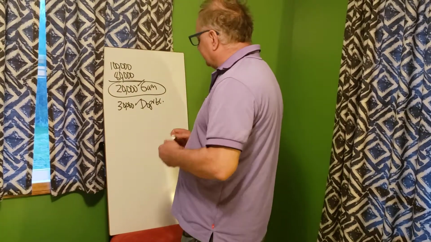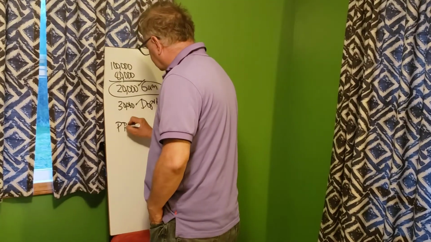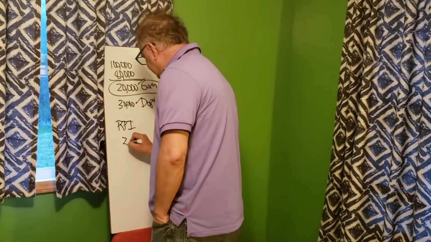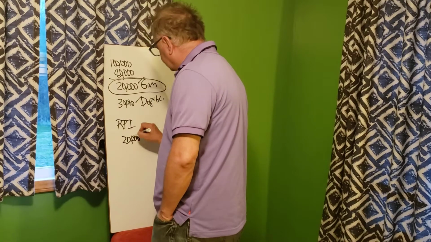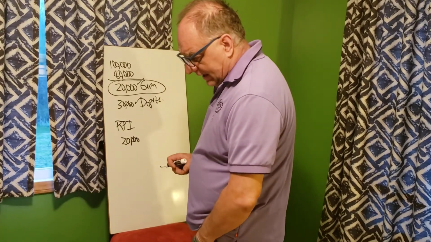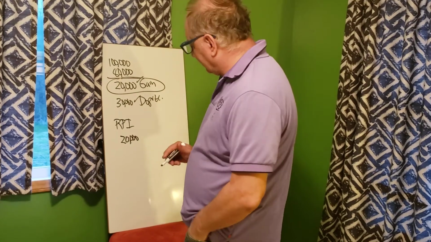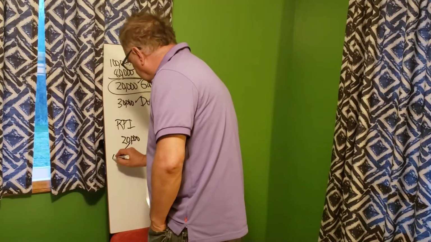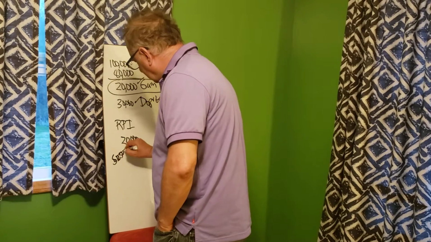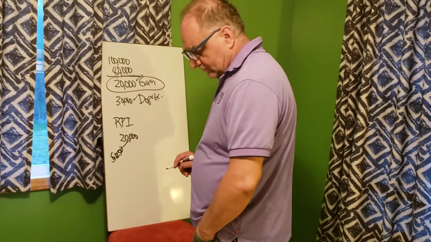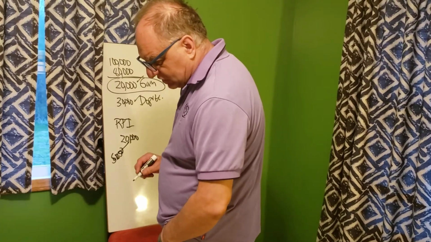Okay, so now if this is real property of an individual, again, we still have the same $20,000 gain, of which, first of all, section 1250 is going to be, again, the excess depreciation amount, which is my $10,000 again.